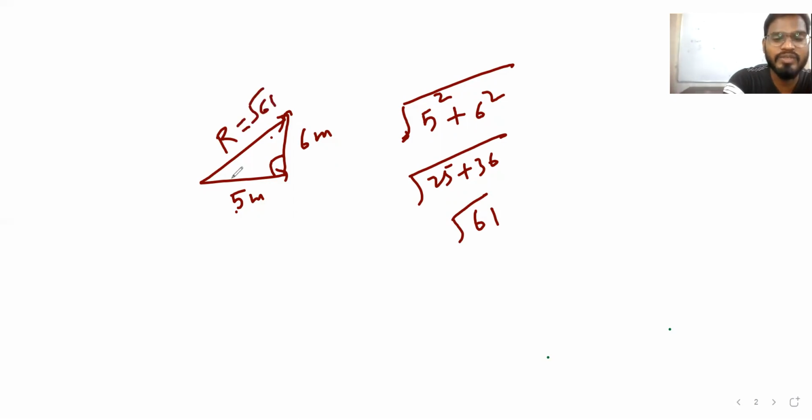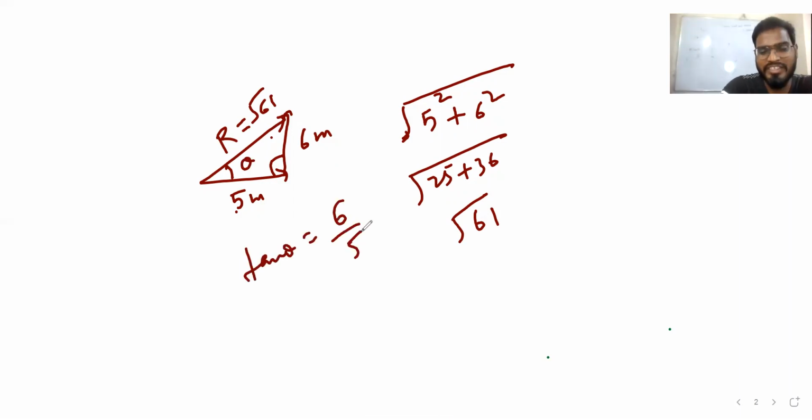For the angle, if this is theta, tan theta is 6 by 5, so theta is equal to tan inverse 6 by 5. So we can find the angle, everything, in this way.